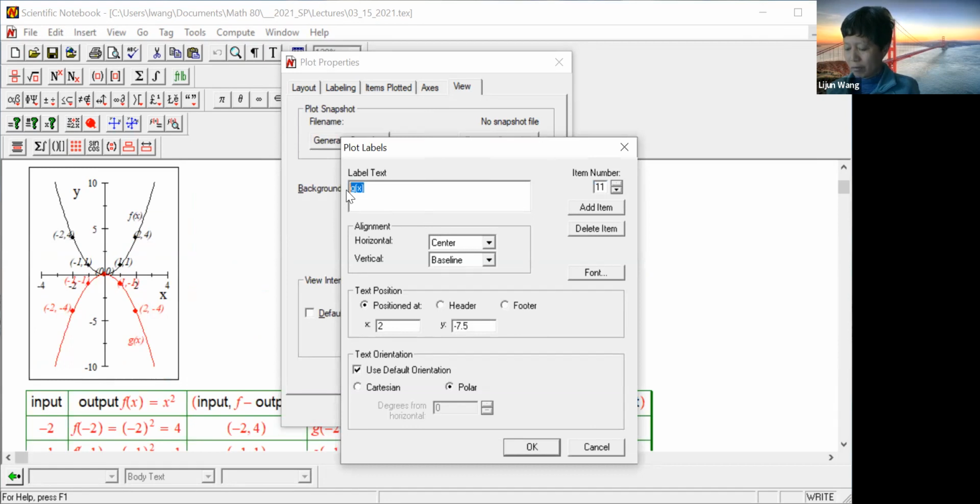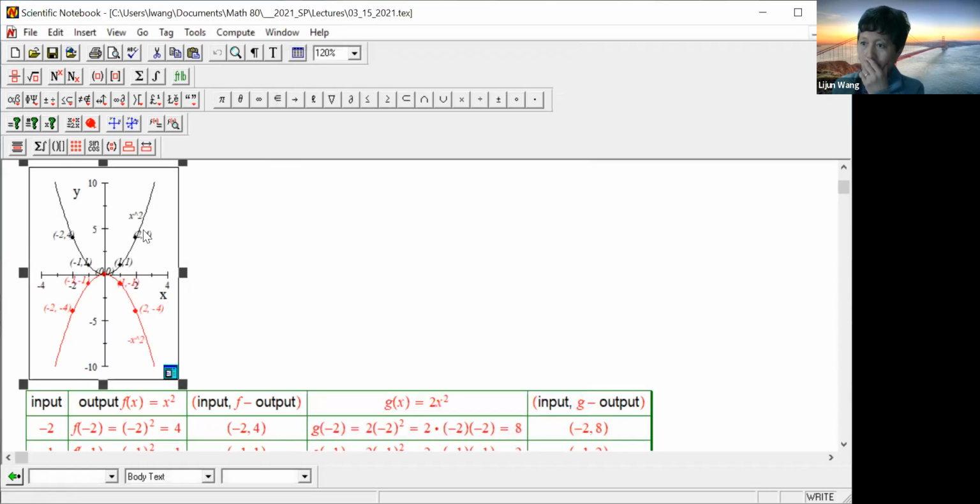G, I'm going to call it negative x squared, and the F is going to be x squared. So for clarity, that's x squared, that's a negative x squared, so that we don't get confused.